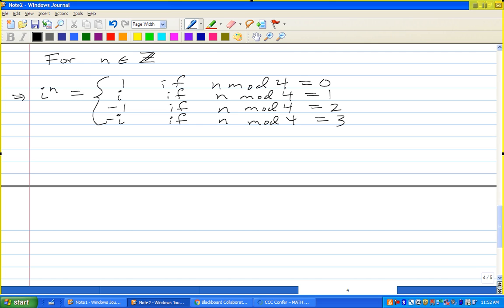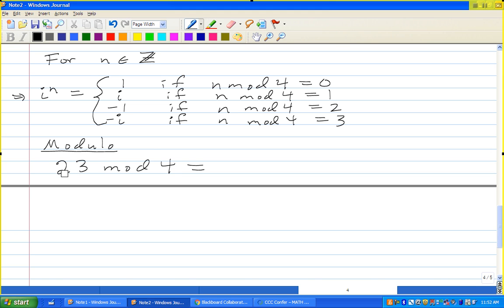Okay, let me explain that notation, modulo. If I look at the number, let's say 23 mod 4, well, 23 mod 4 is the remainder of 23 divided by 4.